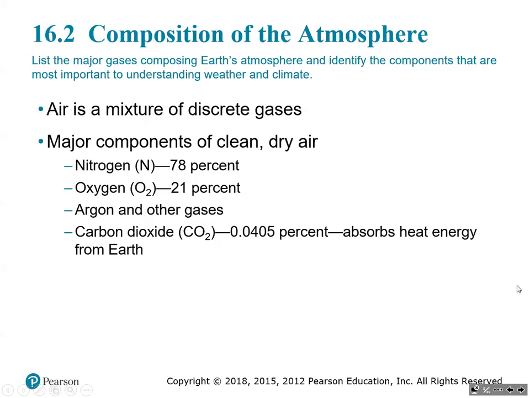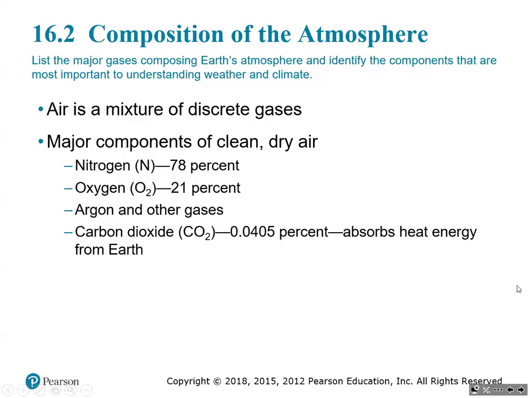So the atmosphere, the air we are breathing, is made up of several different gases. It's a mixture of gases. We're going to be talking about clean, dry air because the amount of water vapor in the air varies a lot.